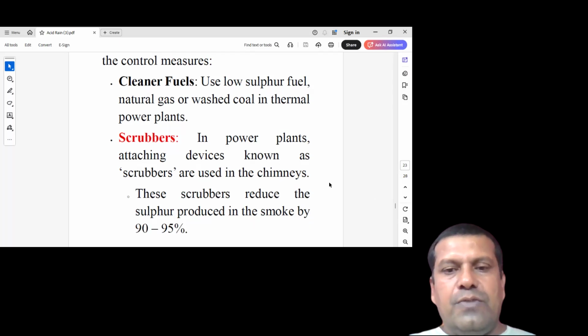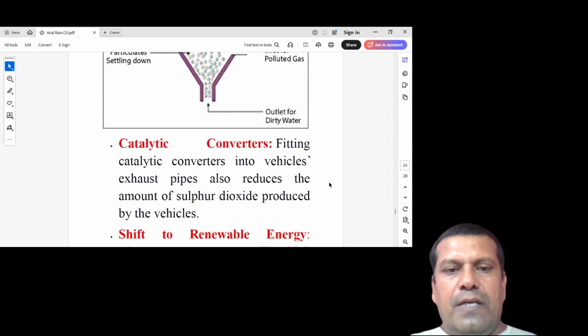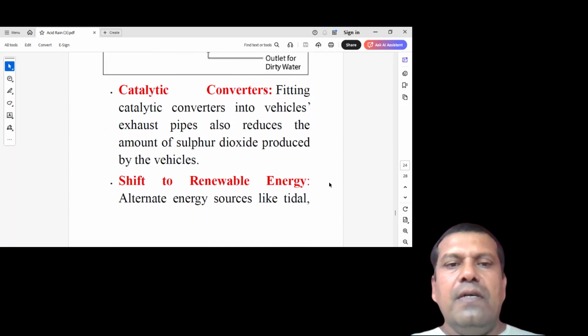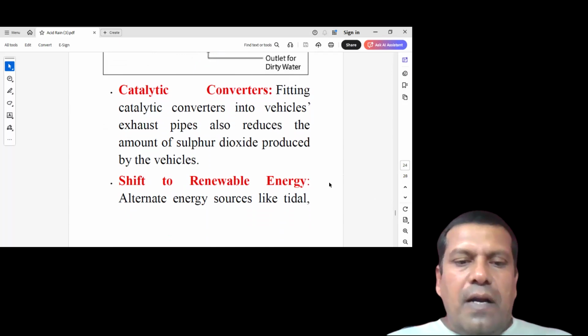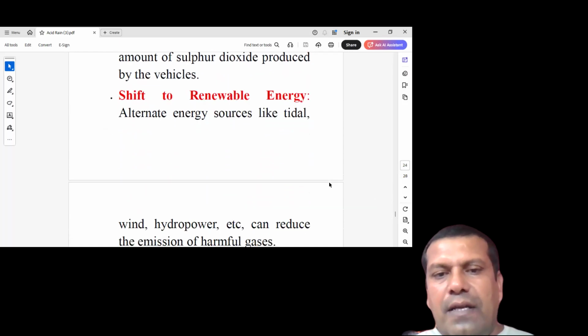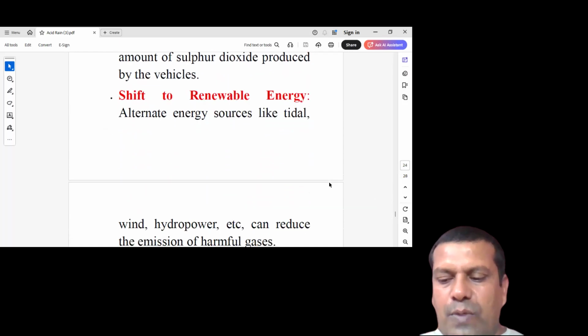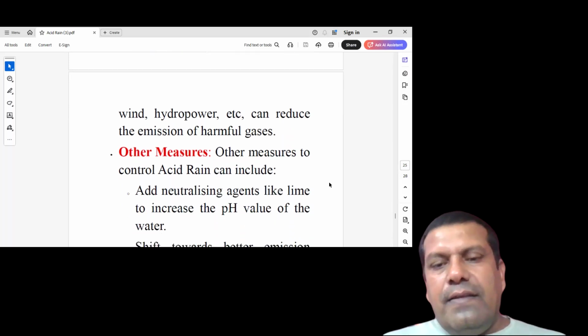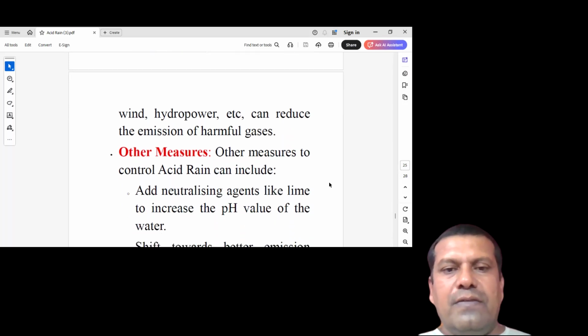Similarly, scrubbers are one of the techniques to avoid these kinds of emissions, along with catalytic converters. One more thing is the shift to renewable energy, with alternative sources like tidal, wind, hydropower, and even solar energy, as undertaken at the Paris Climate Conference about establishing the International Solar Alliance.